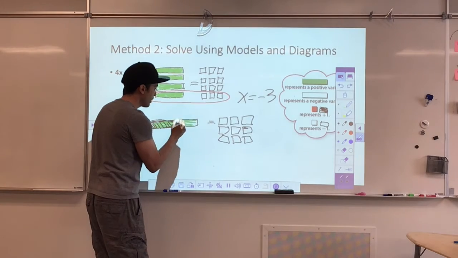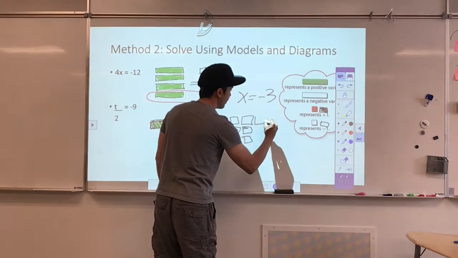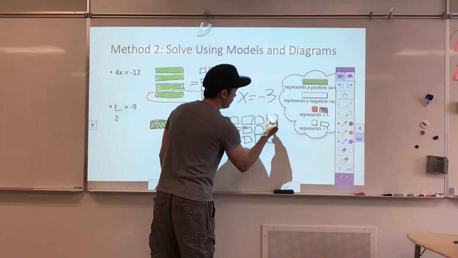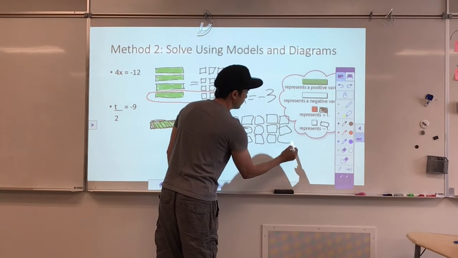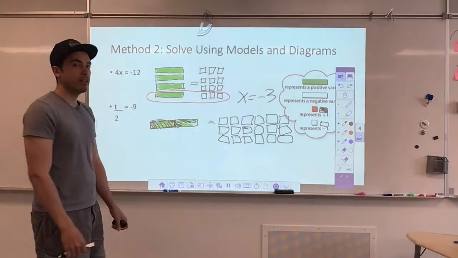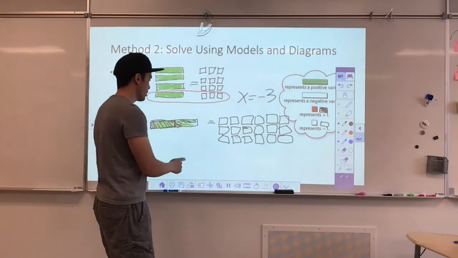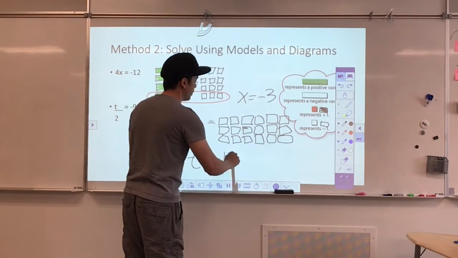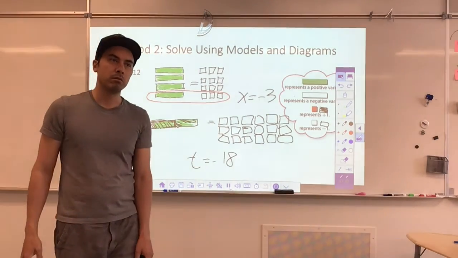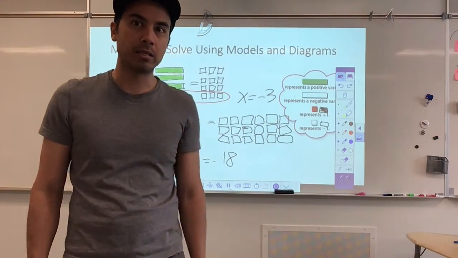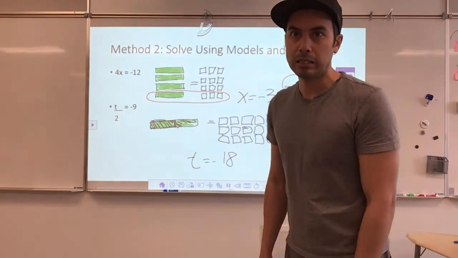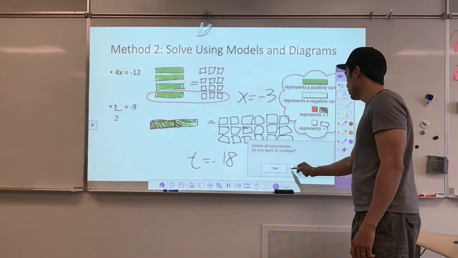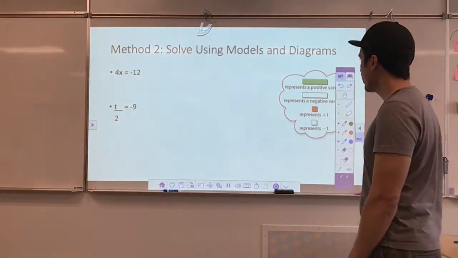So once I add this piece, I have to add another negative 9 so that everything balances out. And so this x is equal to negative 18, just like we saw on the last slide.